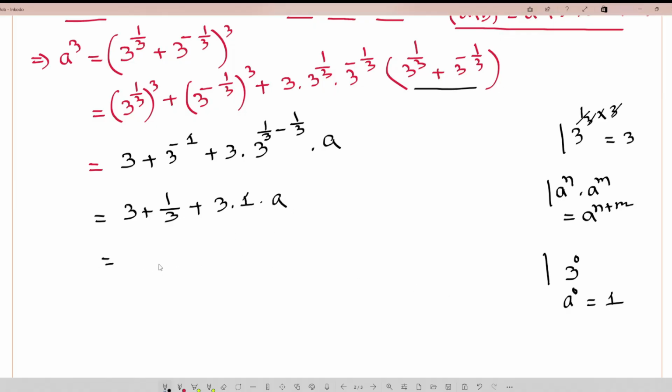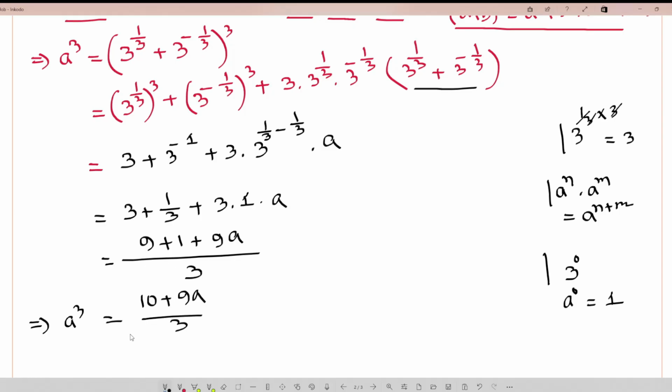Now we can make the LCM: 9 plus 1 over 3, plus 3a times 3, which means 9a. Now a cube equals 9 plus 1, that is 10, plus 9a, divided by 3.